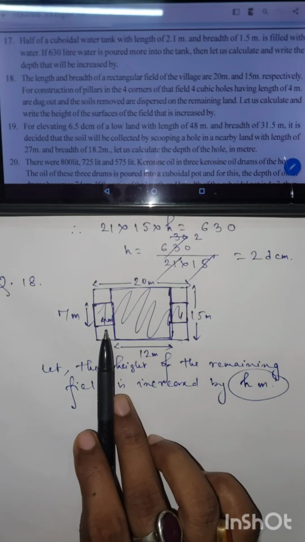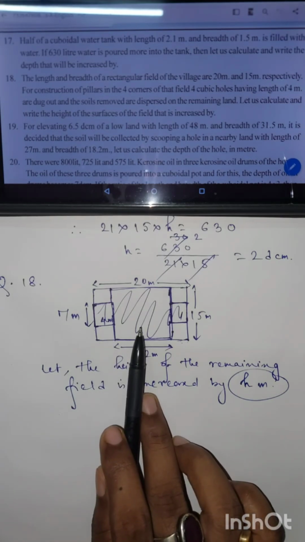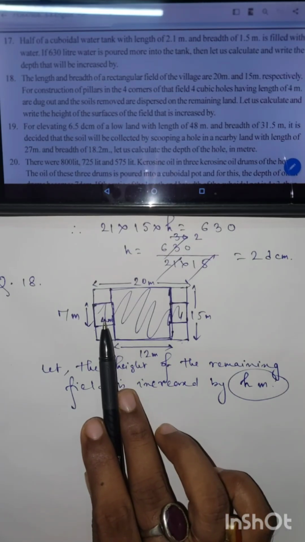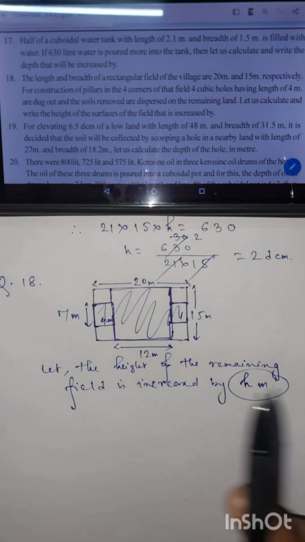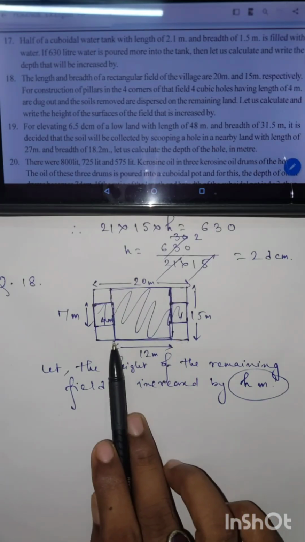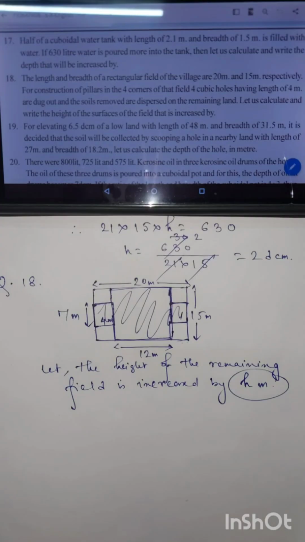The height is increased uniformly for these 3 parts. That means the height of this portion will be equal to the height of this portion and the height of this portion. The soil is dispersed uniformly.